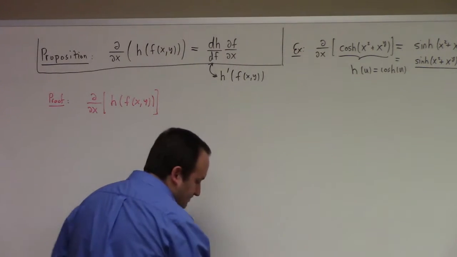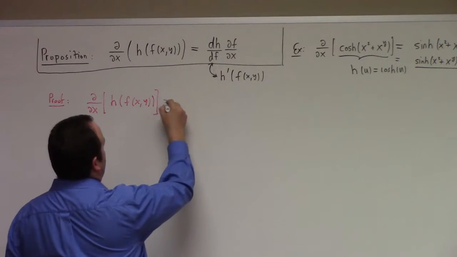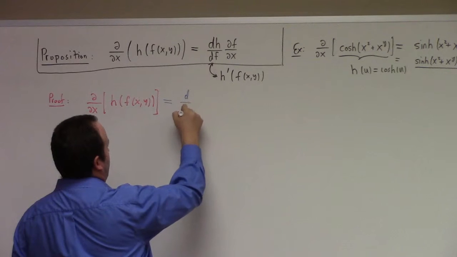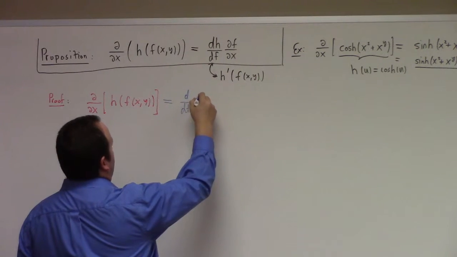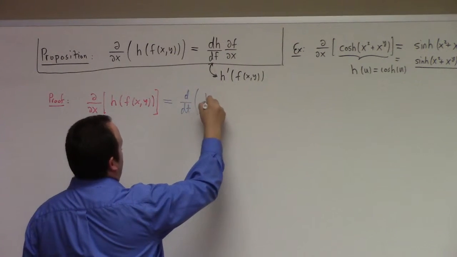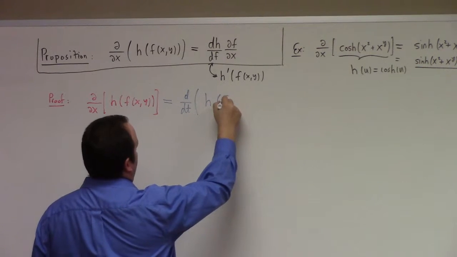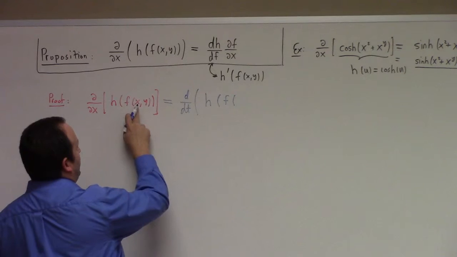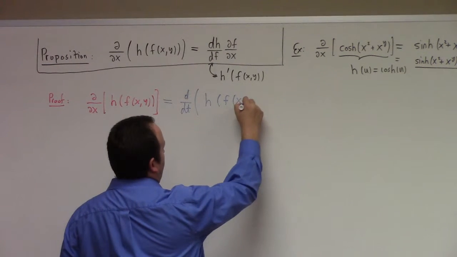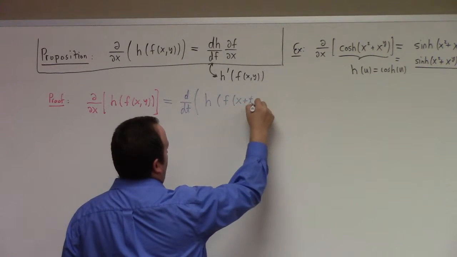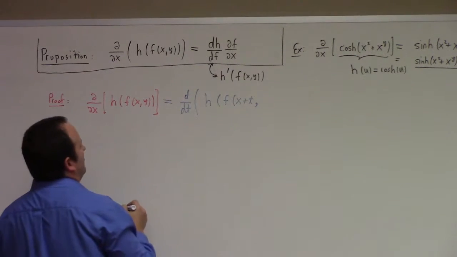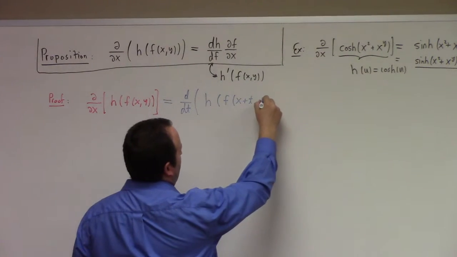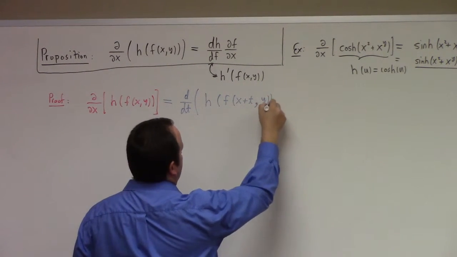Basically we take the derivative with respect to t of h of f, and basically replace x with x plus t, right? And then y just stays put at y, whatever y is, it stays there.